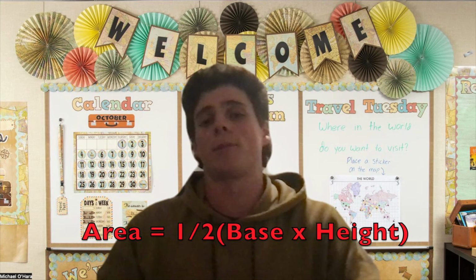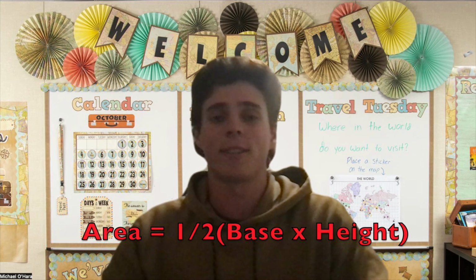Now, for some of you, this may be a basic review, but it's always good to refresh your memory. You may be thinking, okay, that makes enough sense, but this could take a long time with bigger shapes. And you're absolutely right. This is why we have this brilliant formula that helps us calculate the area of triangles easily.